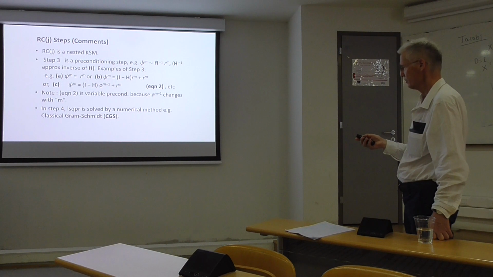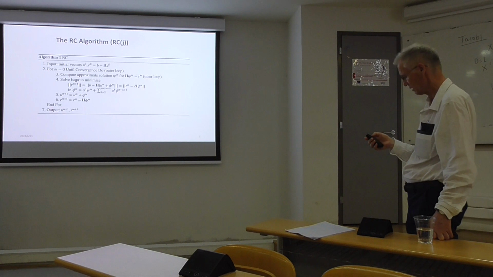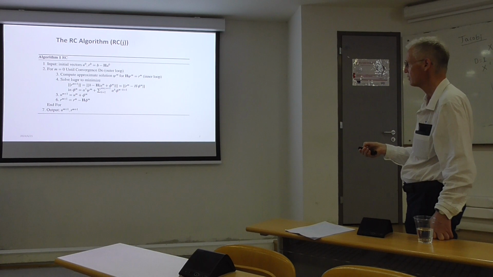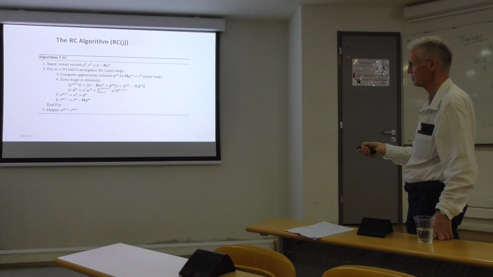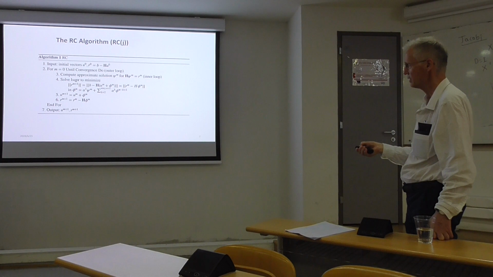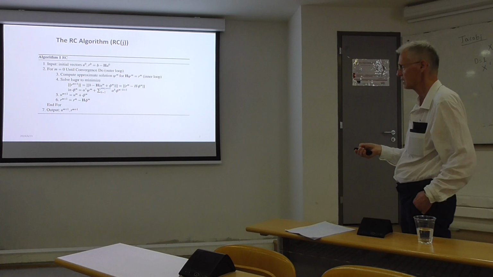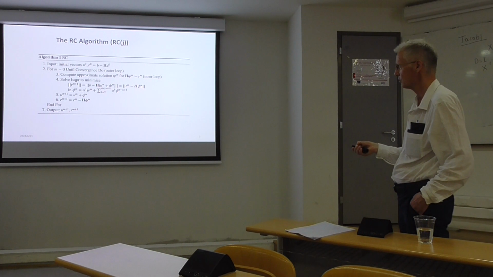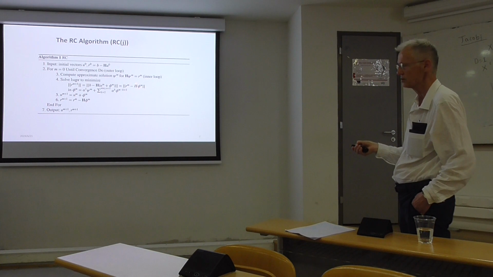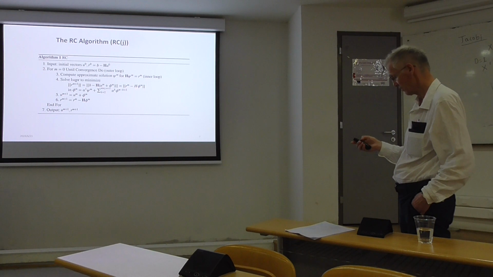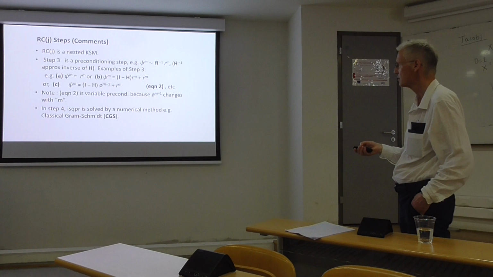All right. So now the other important step that must be done is step 4. Somewhere is my pointer. I don't know where it is. Yes. So this step is very, very important. And you can solve this first problem either by classical Gram-Schmidt, where you have to orthogonalize these vectors, or by modified Gram-Schmidt, which is a stable process.